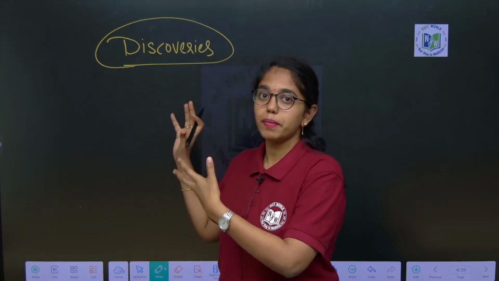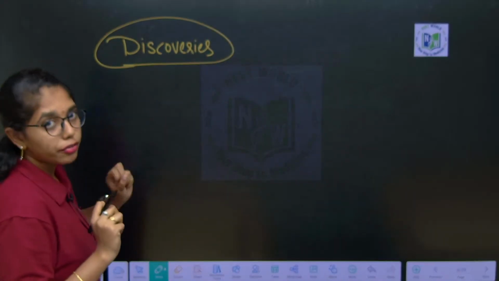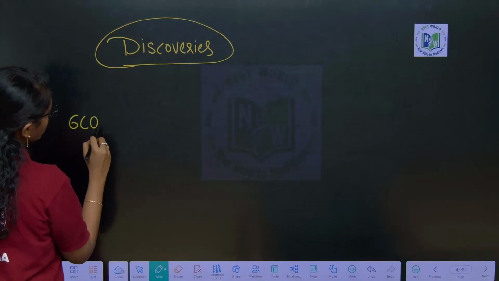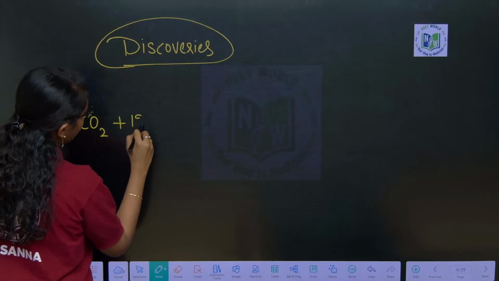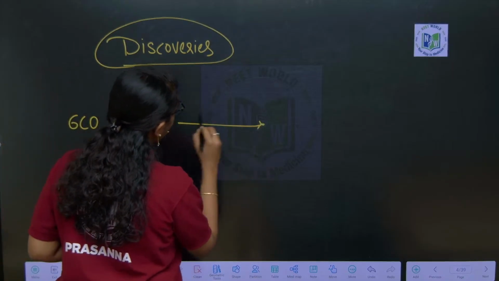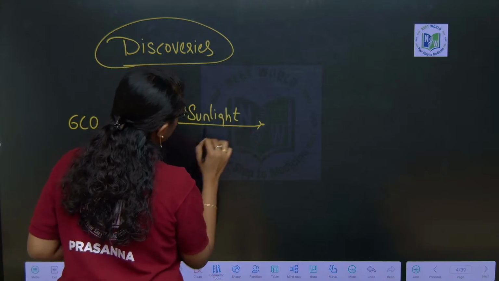So let's make this clear by taking the standard formula for photosynthesis, that is 6 CO2 plus 12 H2O in the presence of sunlight and chlorophyll.